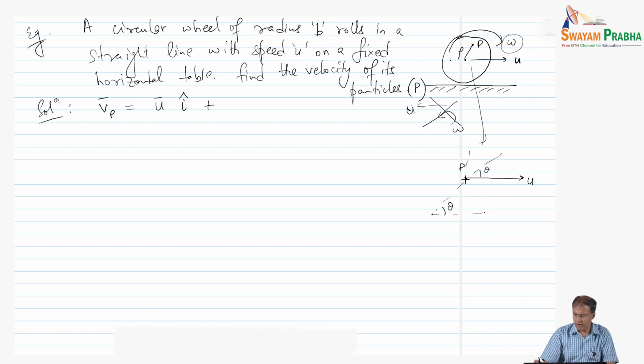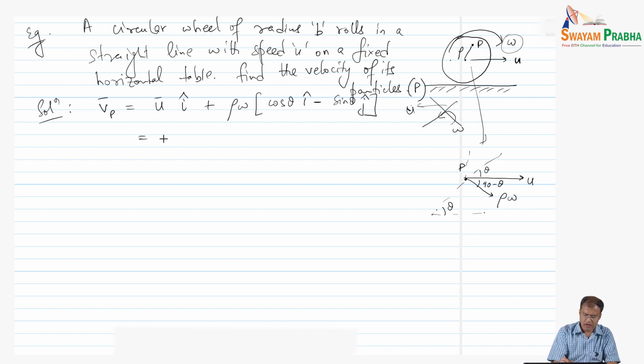So rho omega is the rotational component of the velocity. This is acting tangent to the point P, and so this is our 90 minus theta. And now from here I can find my angular component of the velocity. So this is going to be rho omega times cos theta i hat minus sin theta j hat, right?